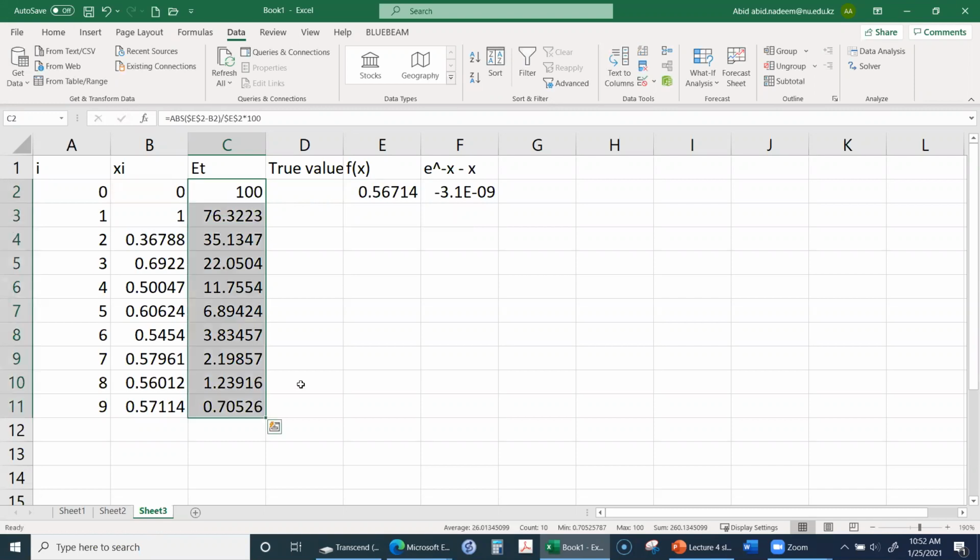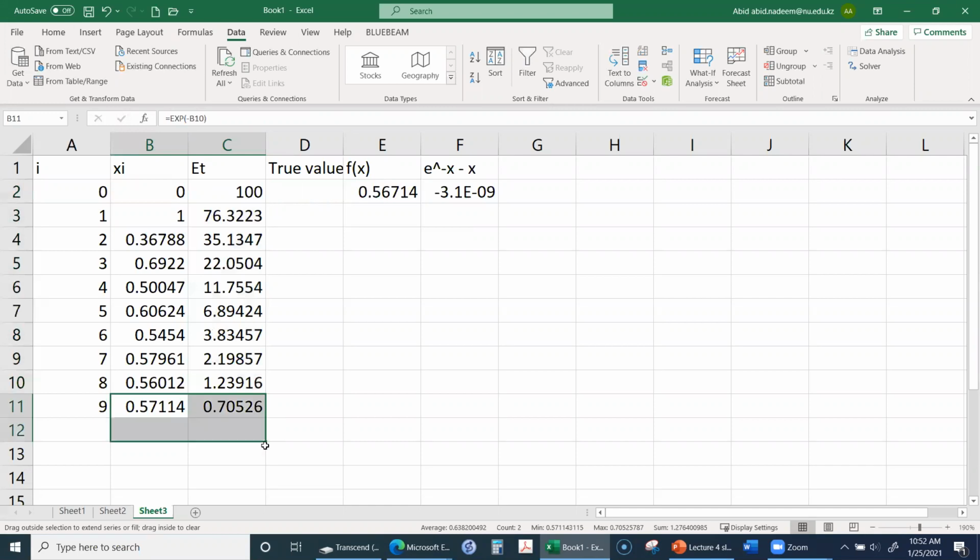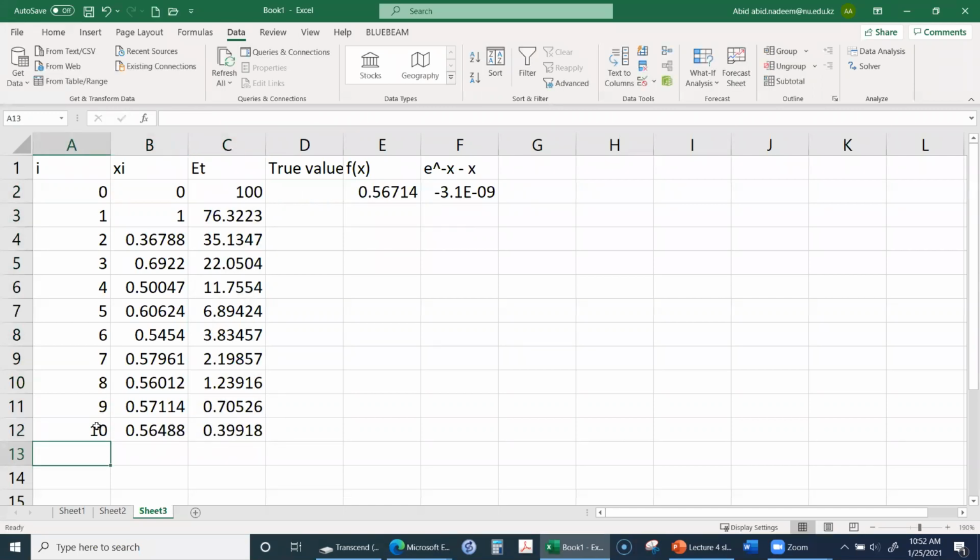So here I can see that by the 10th iteration, the absolute true percentage error is 0.399.